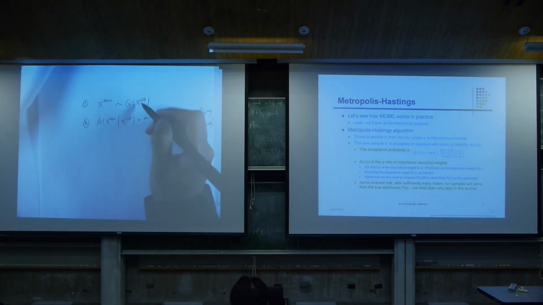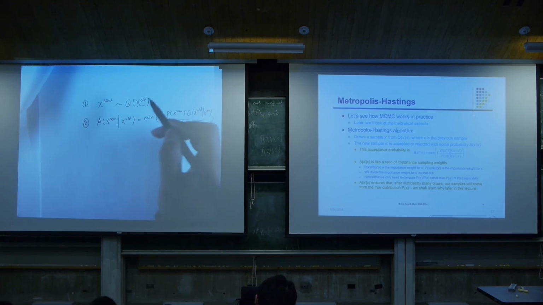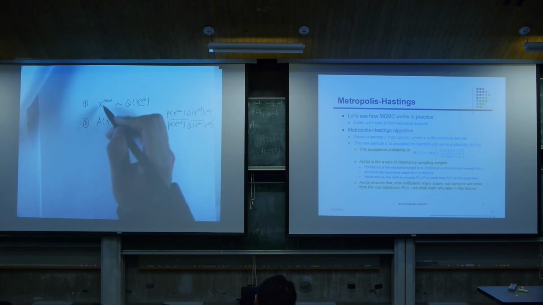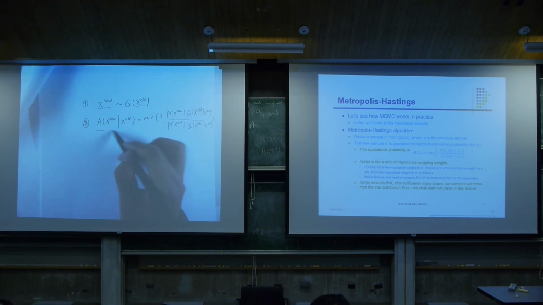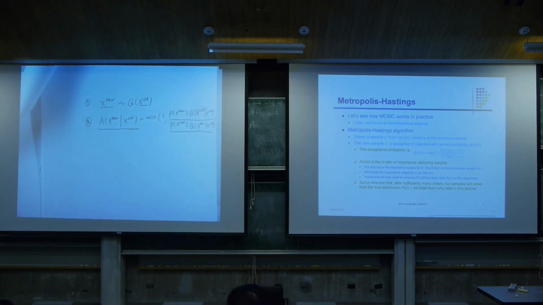Given the current sample X old, I'm going to use the distribution Q parameterized by this X old to generate a new sample X new, and after this step, we compute this quantity, which is defined as the minimum between 1 and this quantity. And the P distribution here is known, so you can plug in the value of X new into P, and also X old into P. And the Q is also known, so given these values, you can get a number.